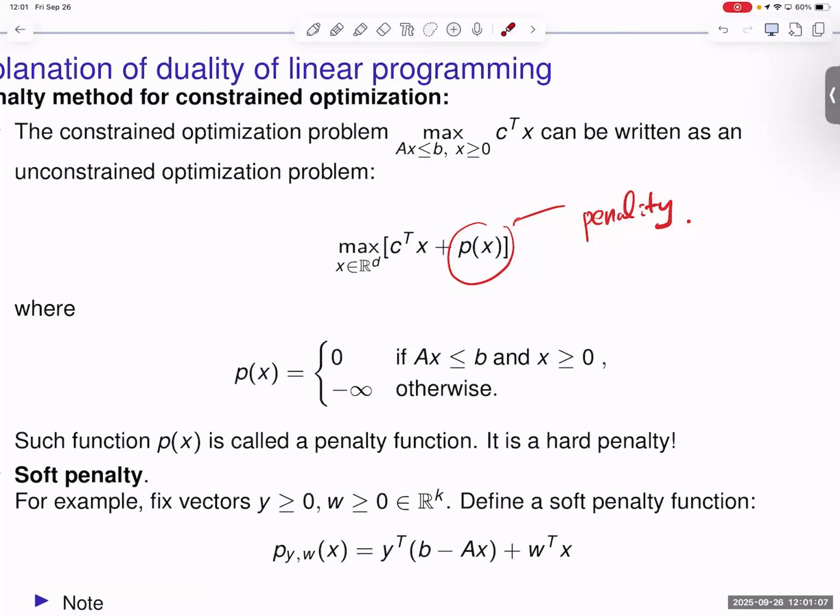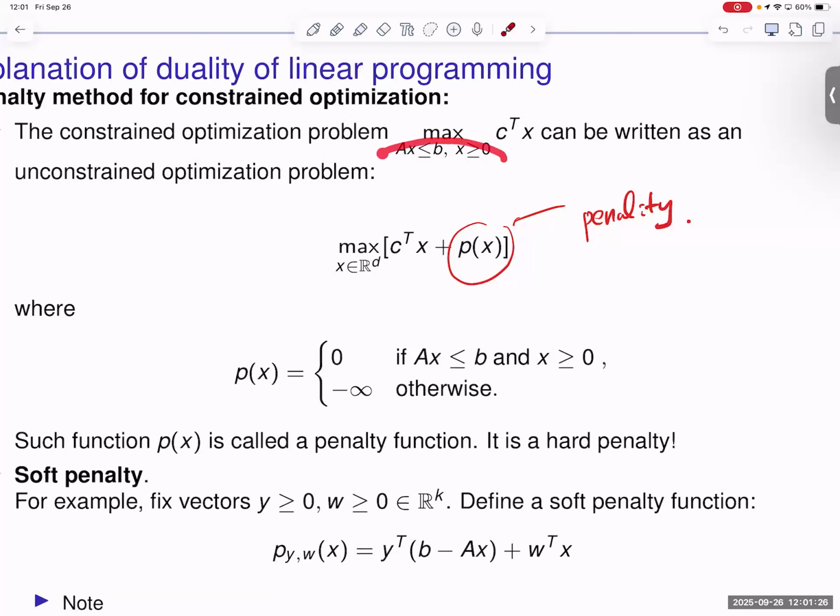Then nobody will dare to violate the speed limit, okay? The reason why there are many drivers who violate the speed limit is because the penalty is so low. The expected penalty is almost zero, right? So that's why. But anyways, that's the penalty method.